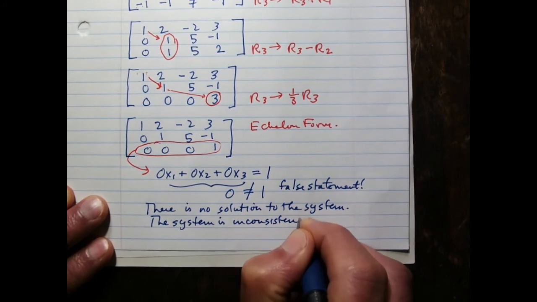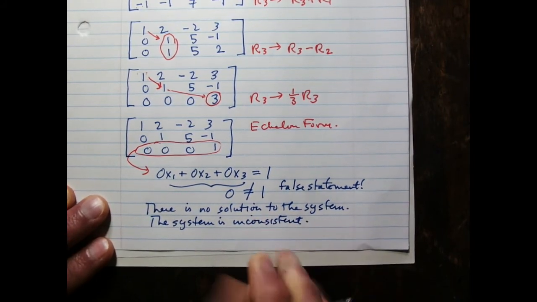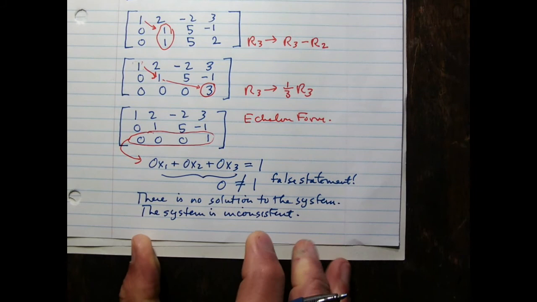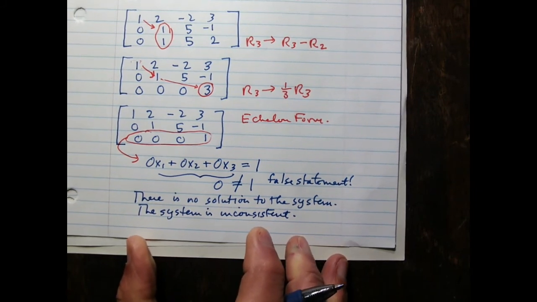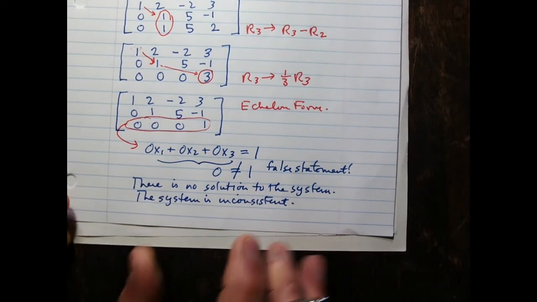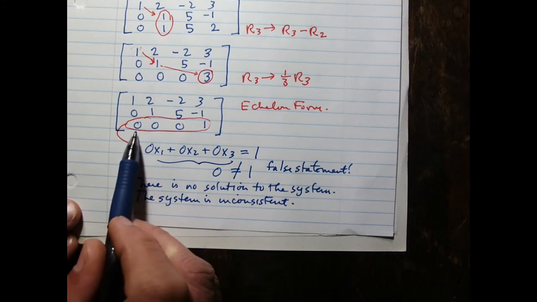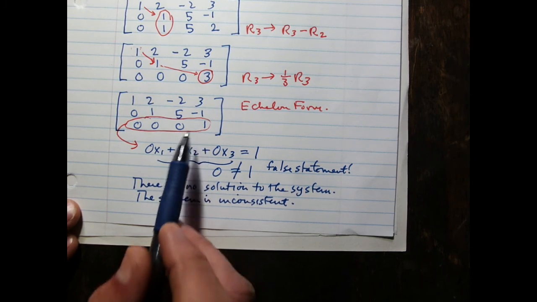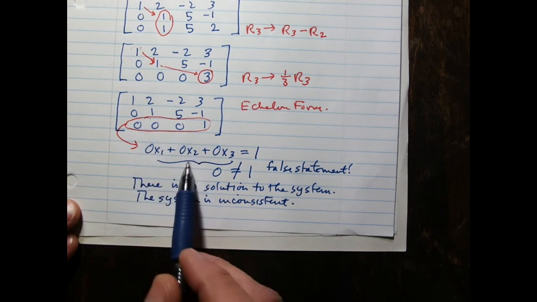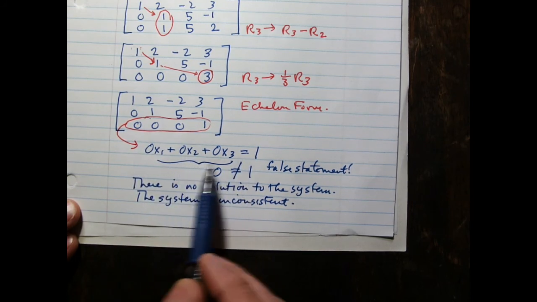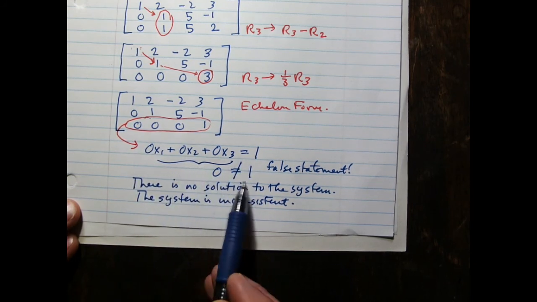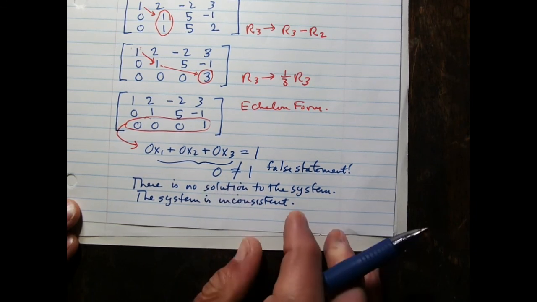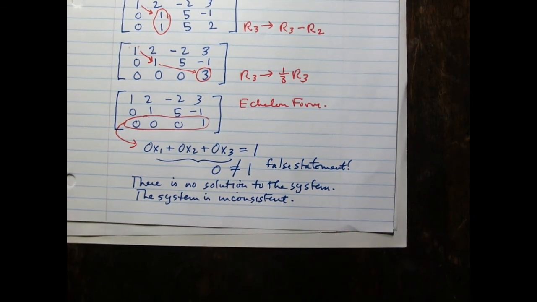I'm fine if you say no solution or inconsistent. And this is the first time we've seen this, and it's always going to pop up in this way, with the augmented matrix having all zero entries except for the last column, the constant term column, which is non-zero. That stands for a false equation that's impossible. Since that's impossible, the system has no solution.